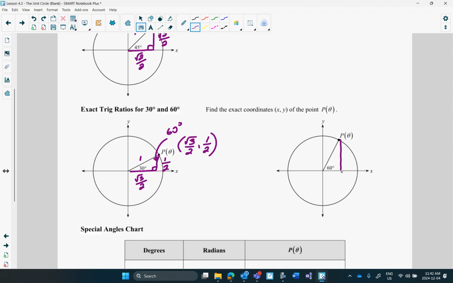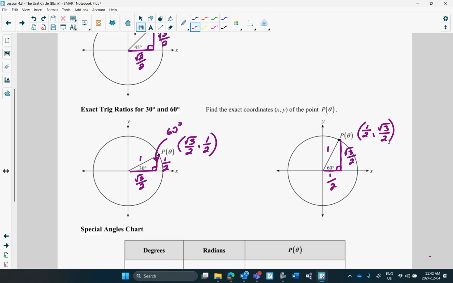Which means this point is root 3 over 2, comma 1 over 2. And then this one is the same triangle, except we flip it around so that the 60 degrees becomes the central angle. Well, this is still 1. What's this? Half. And this is root 3 over 2, which means this is the point 1 half comma root 3 over 2.